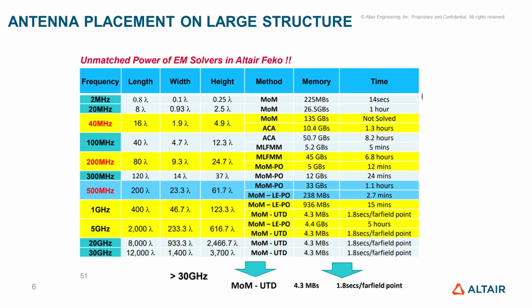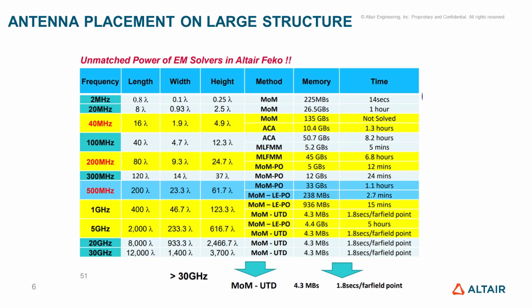Here, for around 40 megahertz, you can see a comparison between the traditional MOM method and the adaptive cross approximation method. The same problem at 40 megahertz, which was not solved with MOM, took only about 1.3 hours to be solved with ACA.